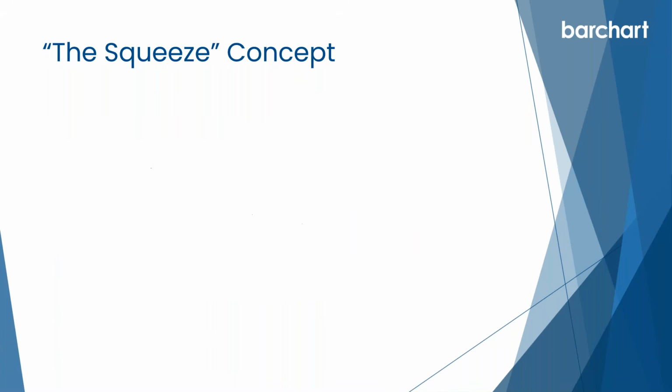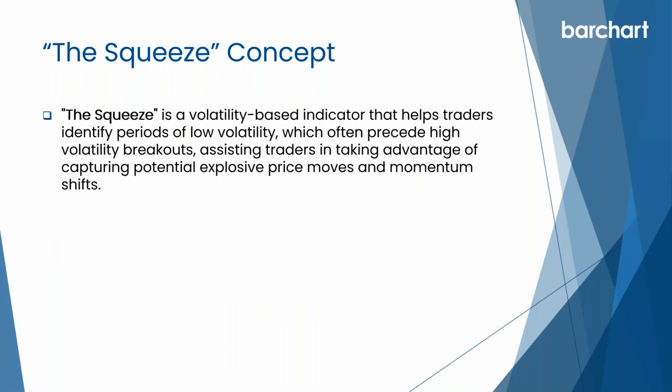The concept behind the squeeze is that it helps traders identify these low periods of volatility, which often precede high volatility breakouts. This assists the trader in capturing these potential explosive price moves and shifts in momentum.